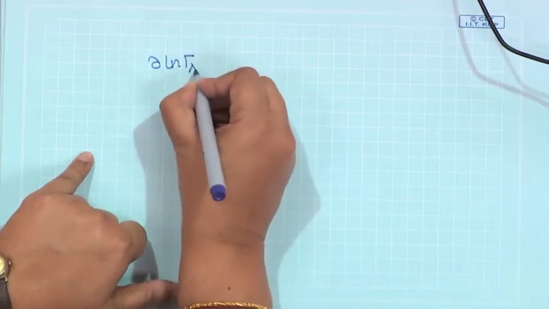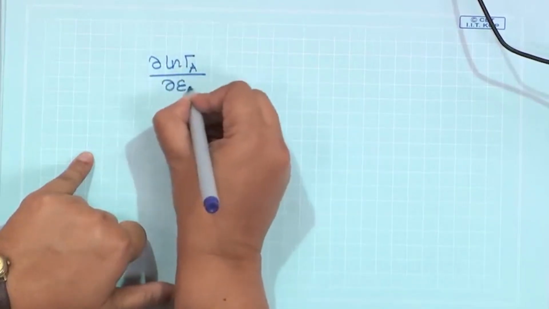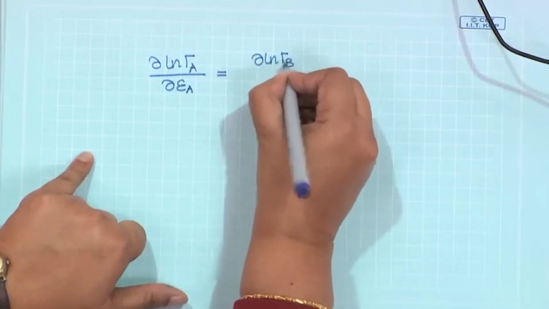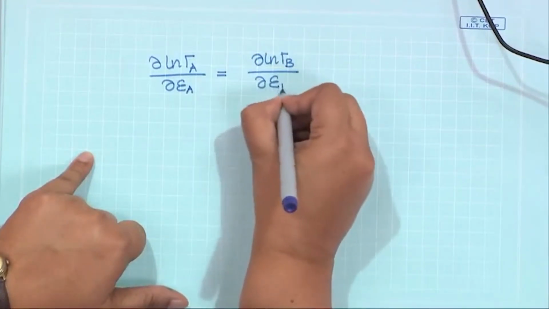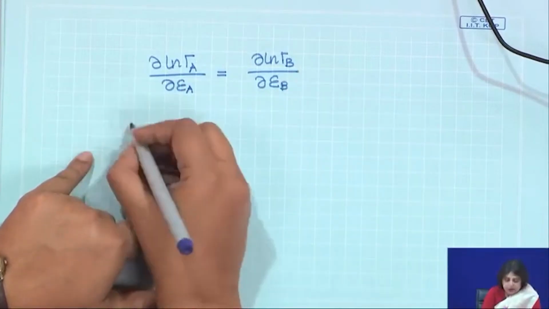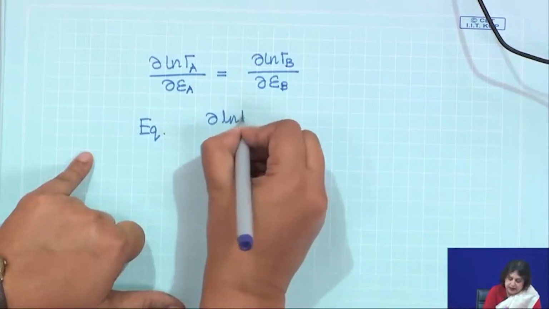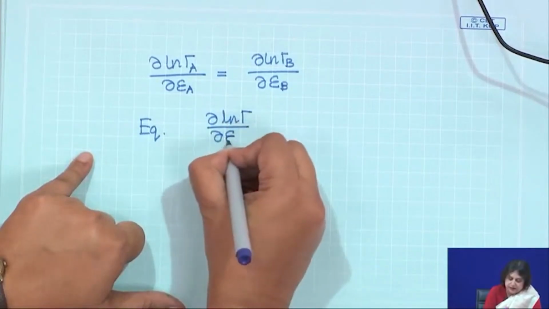Then I said, okay, fine, now I understand in terms of the microscopic states, I should be getting the condition that del ln gamma A del epsilon A must be equal to del ln gamma B del epsilon B. So, basically the equilibrium condition now depends on del ln gamma del epsilon, this derivative.